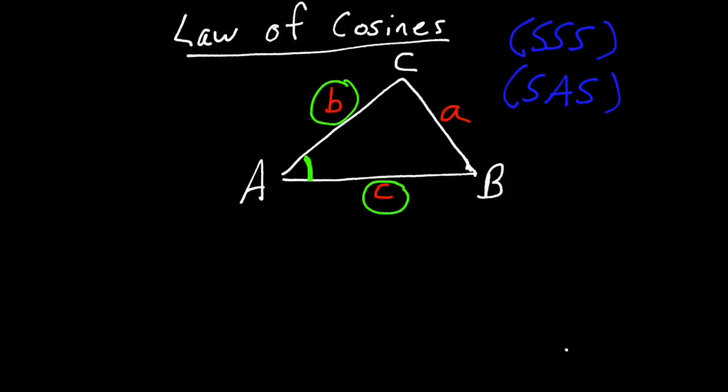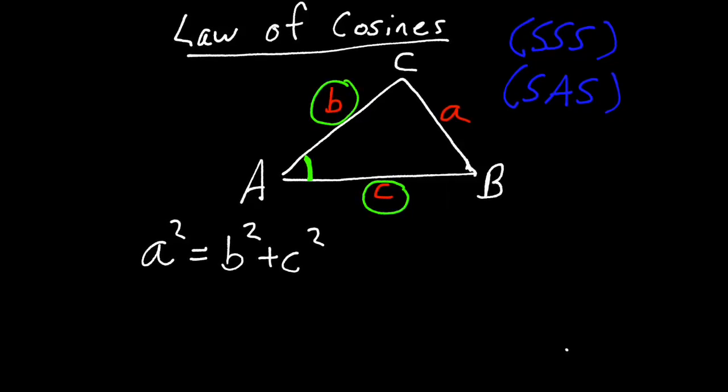The law of cosines is a squared equals, okay, so A being this side, a squared equals b squared plus c squared. And you might be thinking, oh, this looks very similar to the Pythagorean theorem. And you'd be correct. It is starting off as the Pythagorean theorem. But remember, Pythagorean theorem is for right triangles. So there's going to be a little bit added on to this.